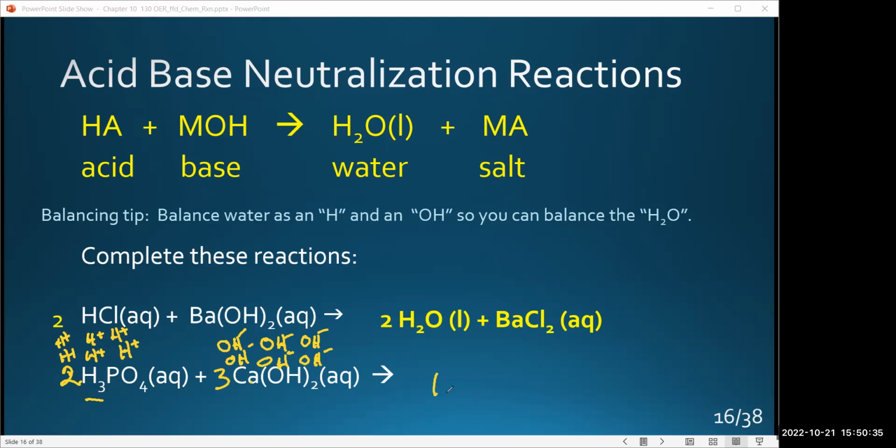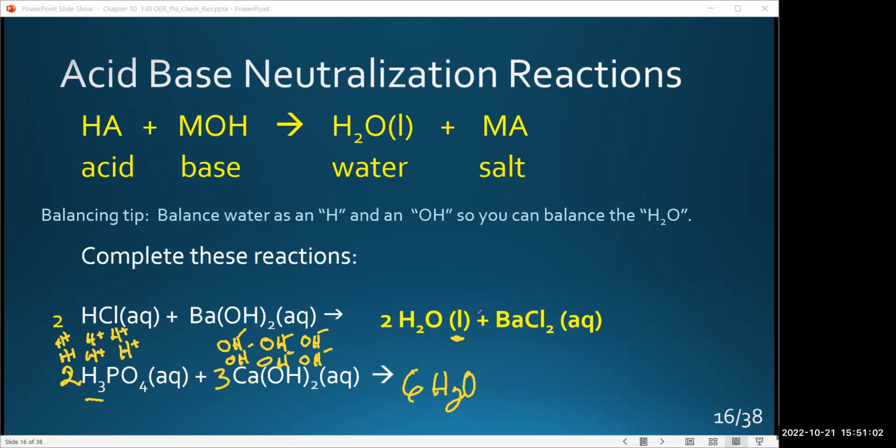I know I'm going to make water, but can you tell me how many waters I'm going to make with 6 protons and 6 hydroxides? There you go, you're getting it. Exactly. So I'm going to make 6 waters. Now, water is one of the products, is a liquid.